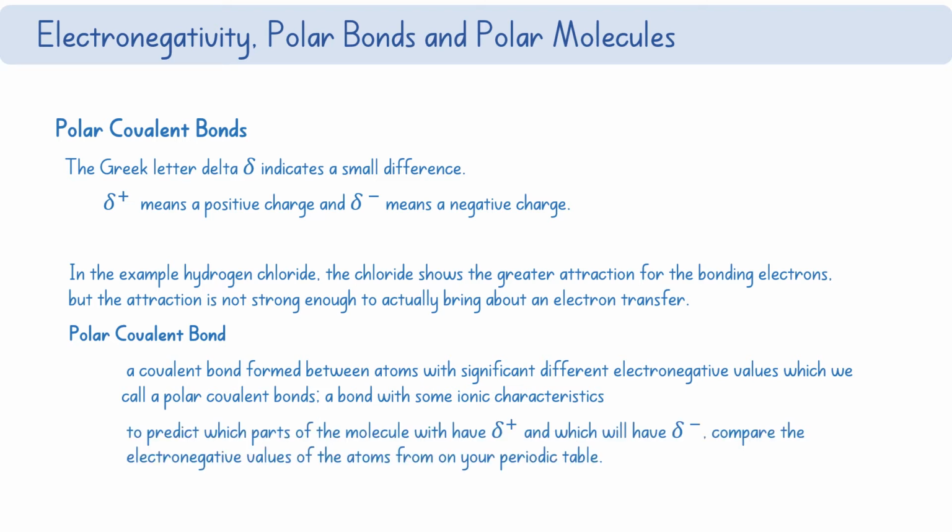To predict which parts of the molecule will have the positive charge and which will have the negative charge, compare the electronegative values of the atoms on your periodic table. The most electronegative atoms will attract the electron pair strongly, so will tend to be the delta negative.